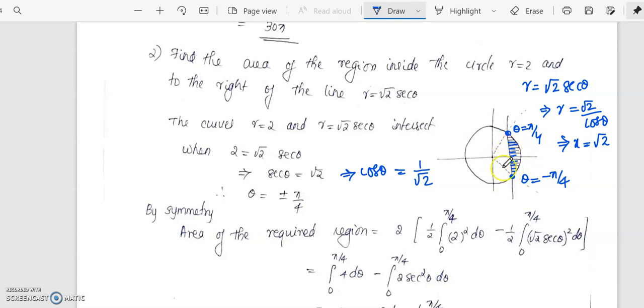Now we can find out the area of the circle from minus pi by 4 to pi by 4.